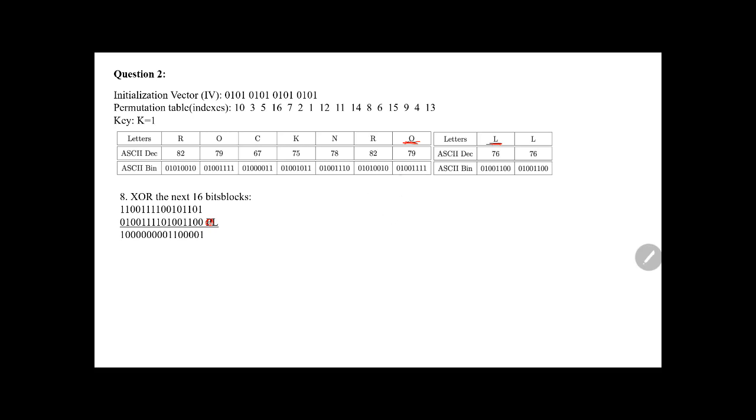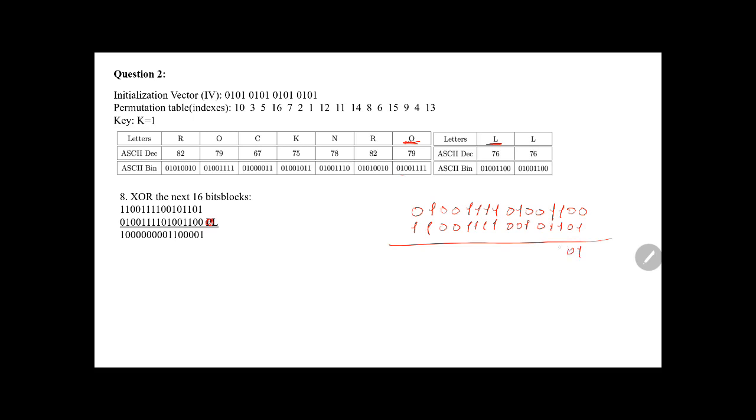So what we do here is we take this one, which is 0, 1, 0, 0, 1, 1, 1, 1, concatenate it with 0, 1, 0, 0, 1, 1, 0, 0, and we take the old output, the previous one, which is 1, 1, 0, 0, 1, 1, 1, 1, 0, 0, 1, 0, 1, 1, 0, 1, and we do our XORing.